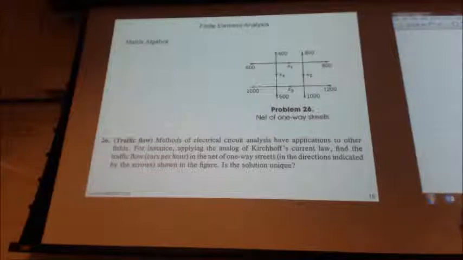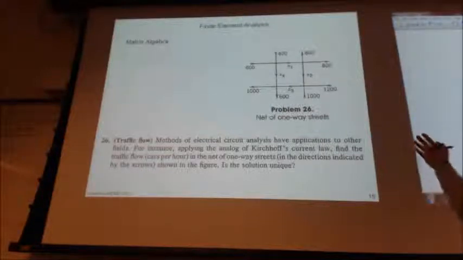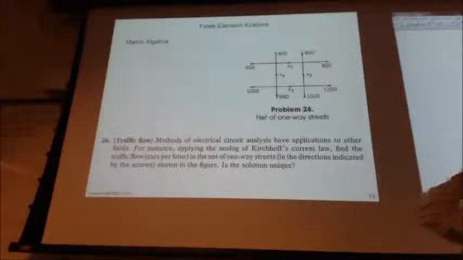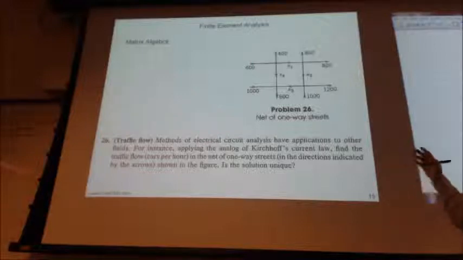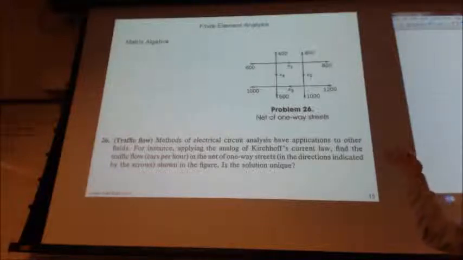You want the intersections to be what we're going to call nodes, right? So this is beginning to transition to what we're going to deal with as far as our FEA, our elements and our nodes. So we're going to use the intersections as nodes. And again, we're going to claim that whatever goes in has to come out. We have to have conservation at the nodes.